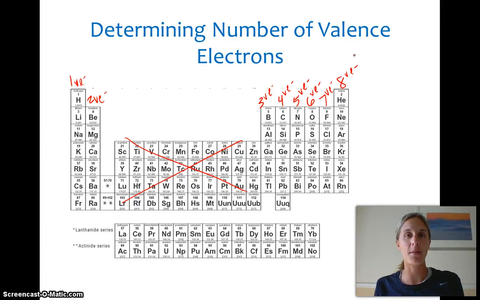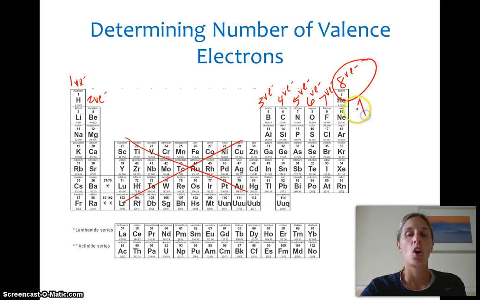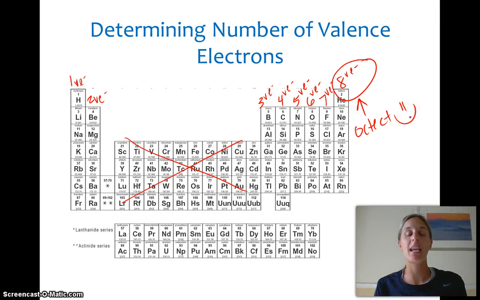Now, why the heck do atoms even make ions? The reason they gain or lose electrons is because their ultimate goal is to have a total of 8 valence electrons. We call 8 valence electrons being octet happy. And that's what every atom on the periodic table wants to achieve, is being octet happy.